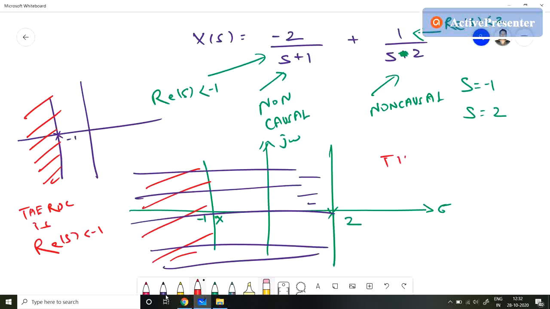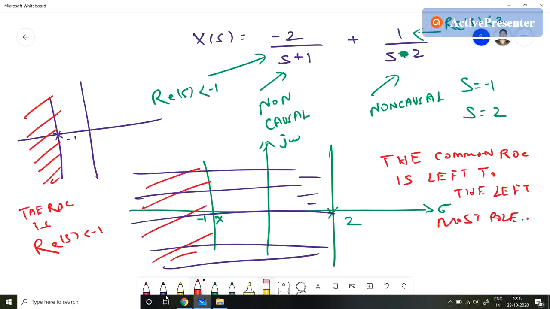So the common ROC is left of the leftmost pole.